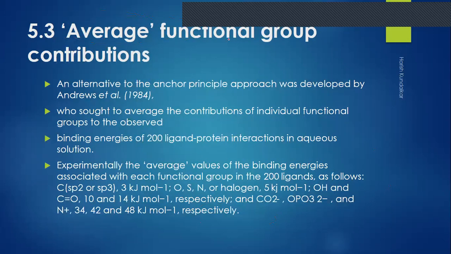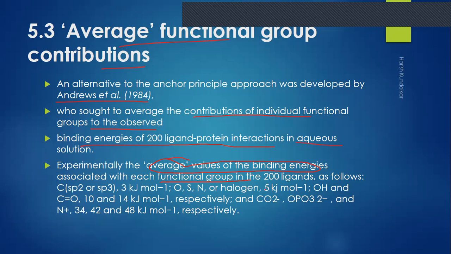And average functional group contributions, now this is again related to the average values of the binding energies associated with each functional group, similar to what Page had described in his anchor principle. So we had Andrews et al. who in 1984 calculated the contribution of individual functional groups, and they calculated the binding energies of something like 200 ligand protein interactions in aqueous solution.